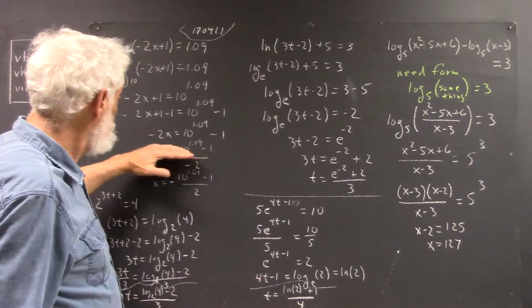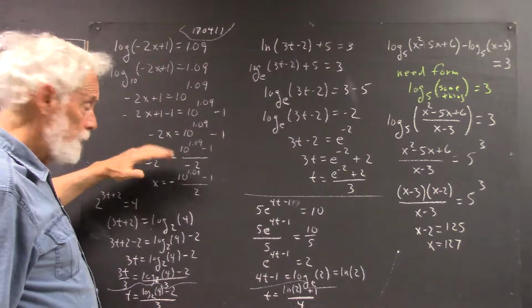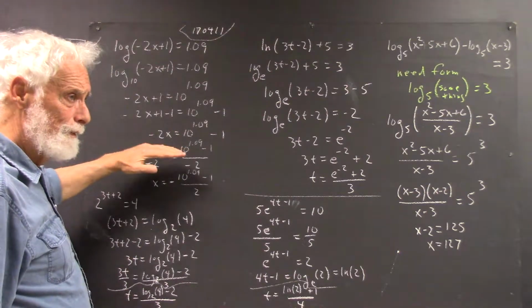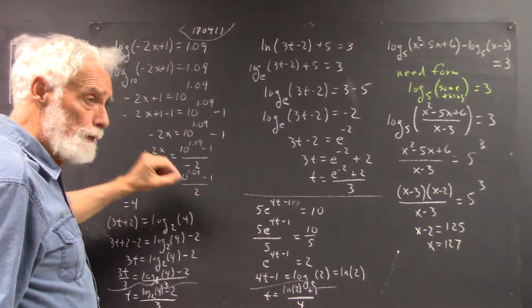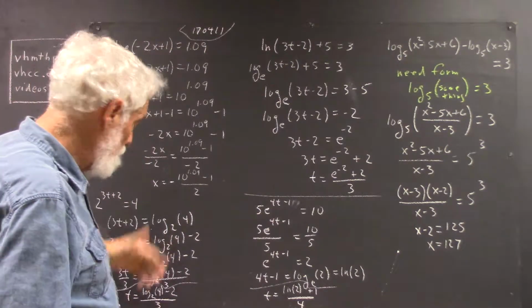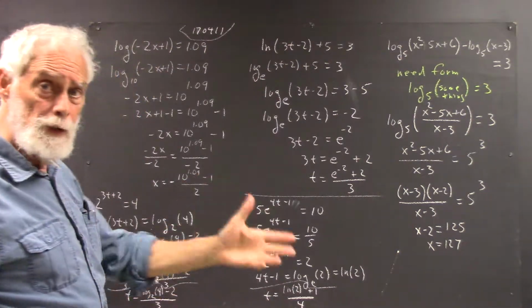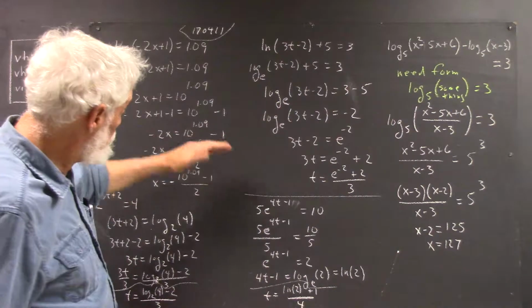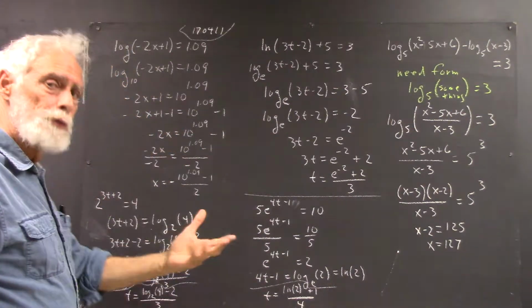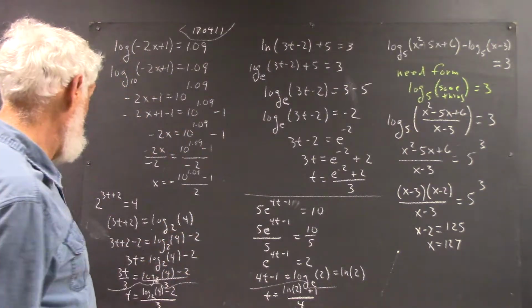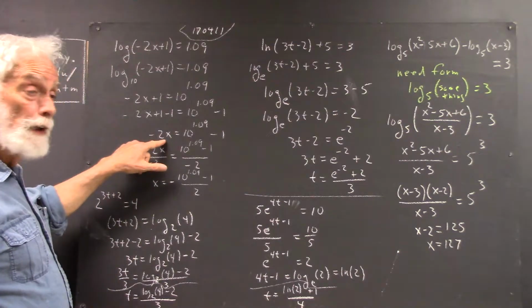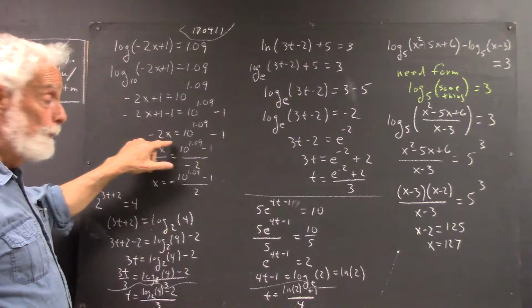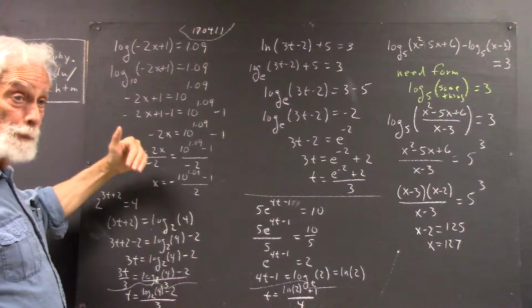Then what do we do? And people have trouble answering this, so you really got to get clear on how to solve linear equations. Something we kind of assume you know how to do, and you certainly do if it looks right. But if it looks a little weird, well, that's why we want to reinforce the rules here. Okay, so we divide by negative 2. That's how you get rid of something that's multiplied by x. You divide by it.